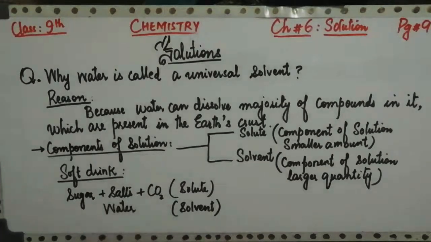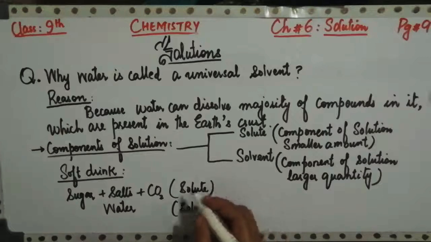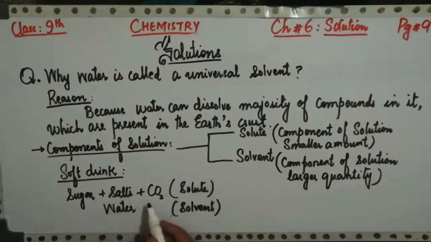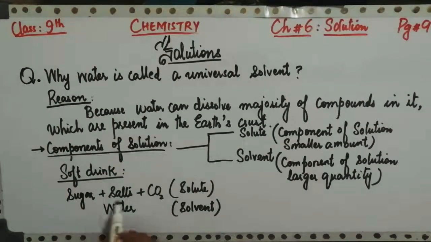So we can say that it is not necessary that only salt or sugar or carbon dioxide are dissolved in a solvent separately. They can be added by mixing them all together. So these are some of the examples of homogeneous mixtures in the form of solution.